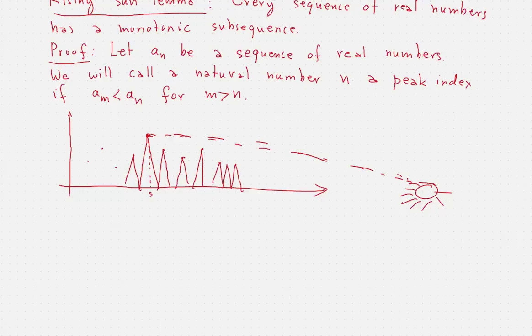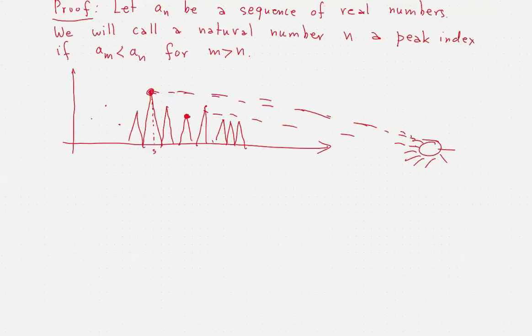So for example, look at this peak right here. It has this larger term in front of it and no light will be reaching it. Unlike 5, that the light will actually reach. So these are the peak indices, and there are two cases. Either there are infinitely many peak indices for our given sequence, or there are finitely many. So let's look at the two cases.